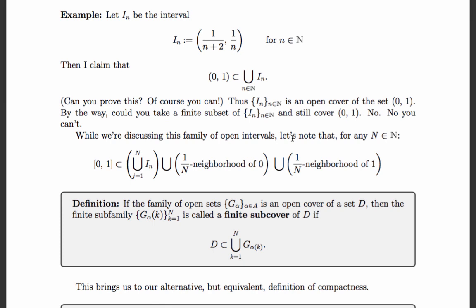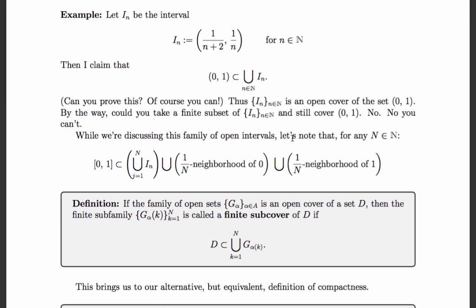So for example, for n equals 1, it's the open interval of a third to 1. For n equals 2, it's the open interval of a quarter to half. Notice it overlaps with the previous interval. For n equals 3, it's the open interval of a fifth to a third, which itself overlaps with the previous interval.